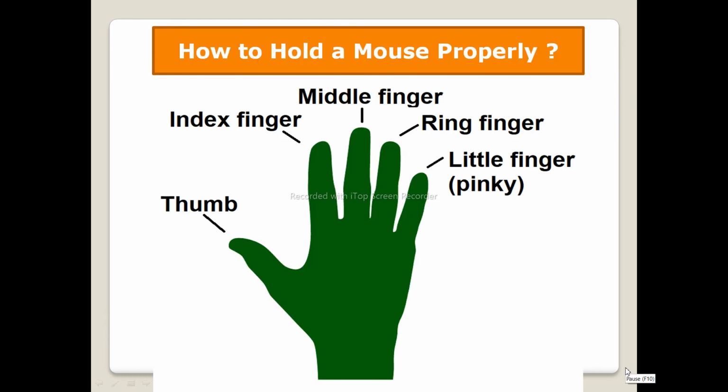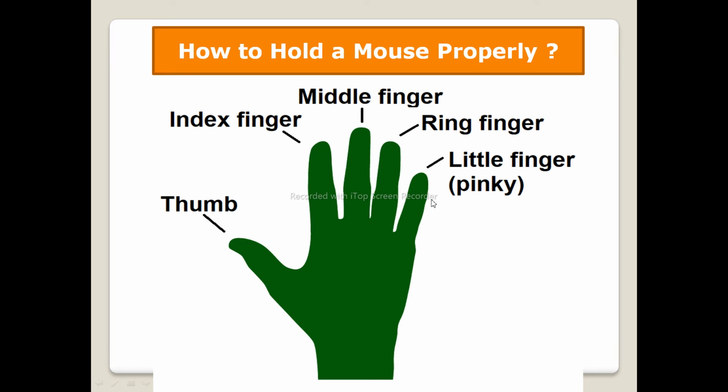Next is how to hold a mouse properly. As we know, dear children, we have 4 fingers and 1 thumb. We call them, look at my mouse pointer, thumb, index finger, middle finger, ring finger and little or pinky finger.